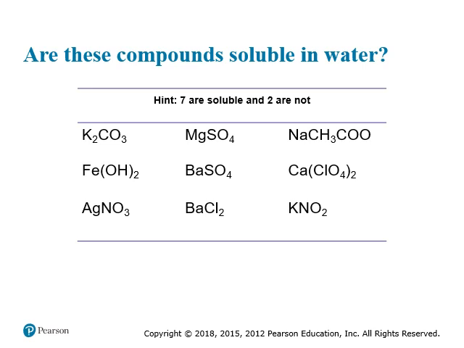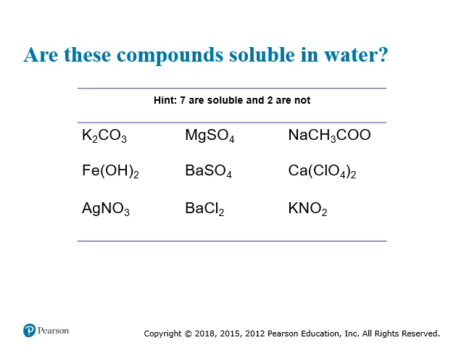I will name these compounds just for the sake of naming them. From left to right, we see potassium carbonate, magnesium sulfate, sodium acetate, iron 2 hydroxide, barium sulfate, calcium perchlorate, silver nitrate, barium chloride, and potassium nitrite.